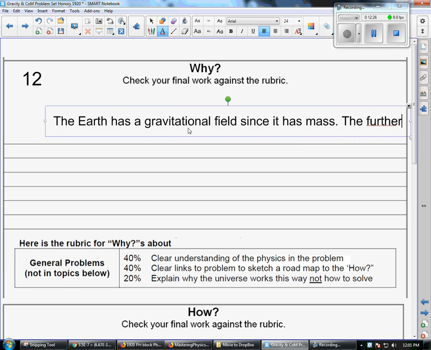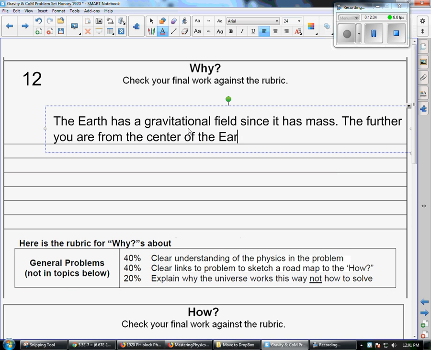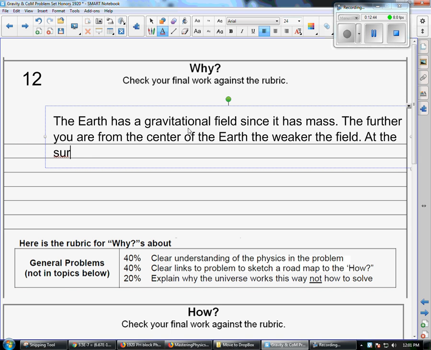The further you are from the center of the Earth, the weaker the field. At the surface of the Earth, this field has a strength of little g.